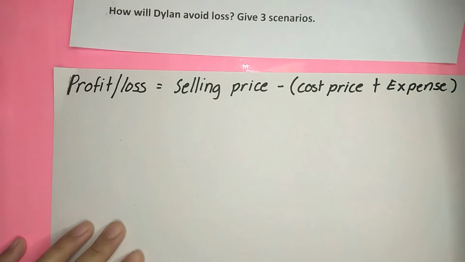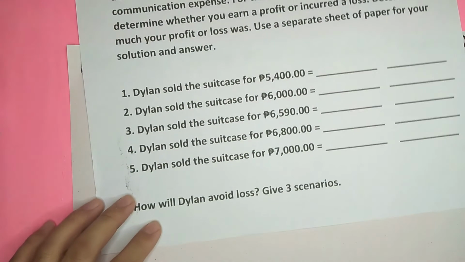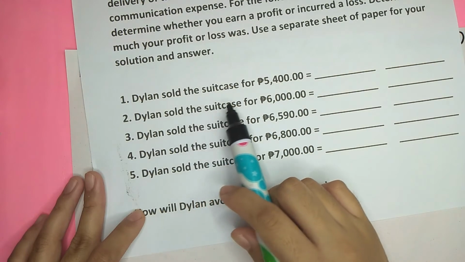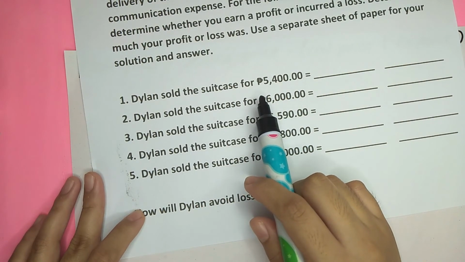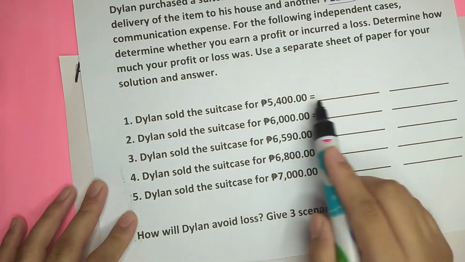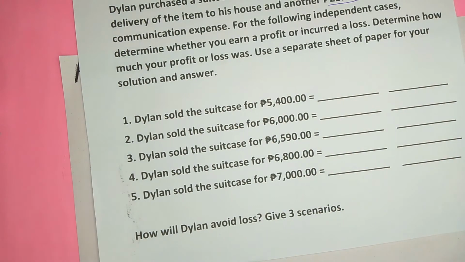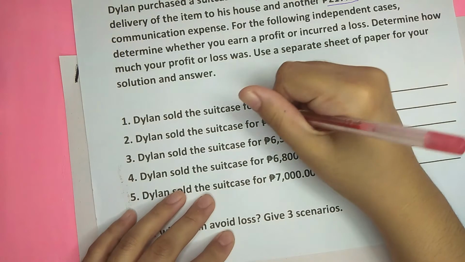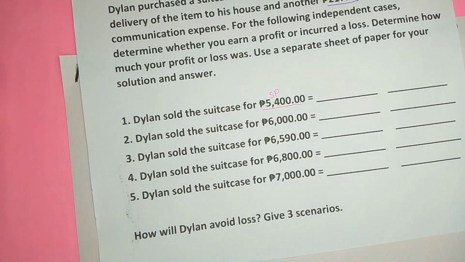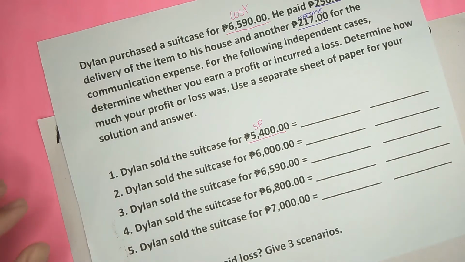Okay. So, for number 1, Dylan sold the suitcase for 5,400 pesos. So, ito, selling price. Kasi binenta niya eh. So, selling price yan. So, isa-substitute natin ang mga yan sa given na formula.